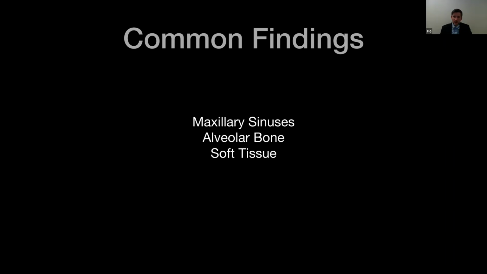So if you take a panoramic image of a patient and then a cone beam scan, you'll find, oh, maybe there are some subtle soft tissue calcifications that I'm seeing in this cone beam scan that I can't see in the 2D pan. So cone beam is very sensitive for finding soft tissue calcifications.